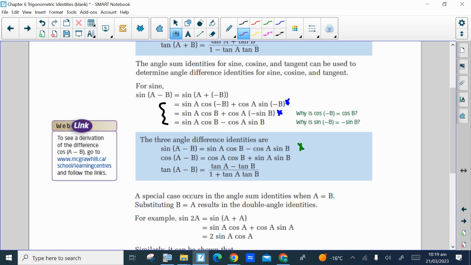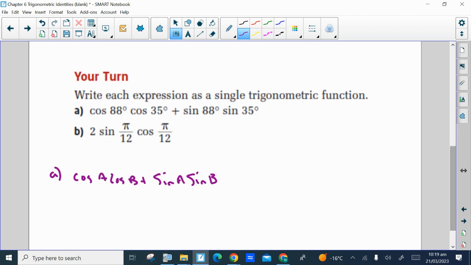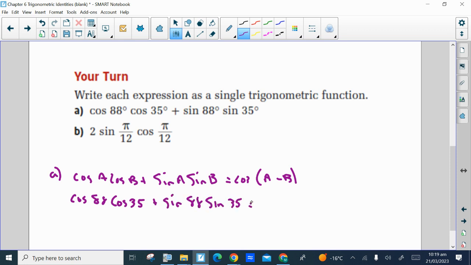Cos of A minus B is cos A cos B plus sine A sine B. That is the difference identity for cosine, the cosine of A minus B. So this equals the cosine of A minus B. If we take our original expression, that will equal the cosine of 88 take away 35, or the cosine of 53 degrees.